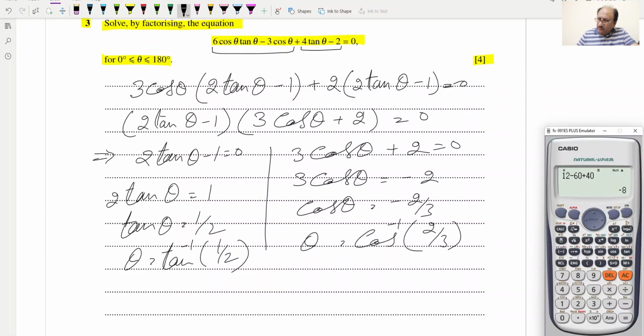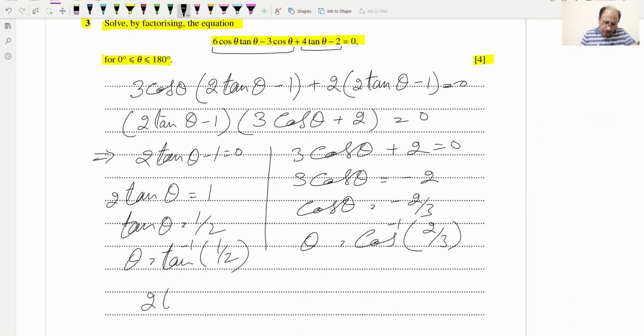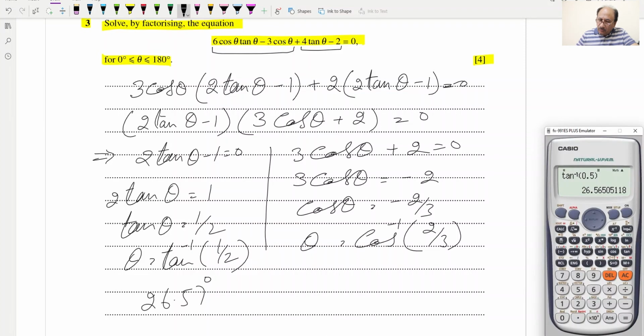If we check the value, tan inverse, shift tan of 0.5 or 1 by 2 will be equal to 26.57 degrees, and for the other one, cos inverse, so shift cos of 2 over 3, and this will be equal to 48.189.